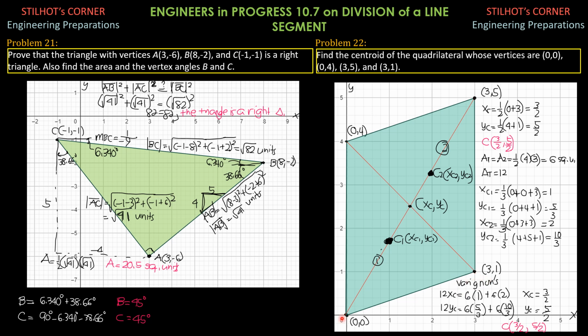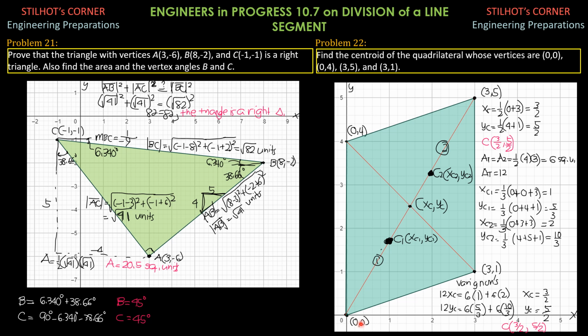It happens that 4 minus 0 is 4 units, 5 minus 1 is 4 units. So therefore, we have parallel sides and equal. This is a parallelogram. And for a parallelogram, the diagonals bisect each other at the centroid of this quadrilateral.